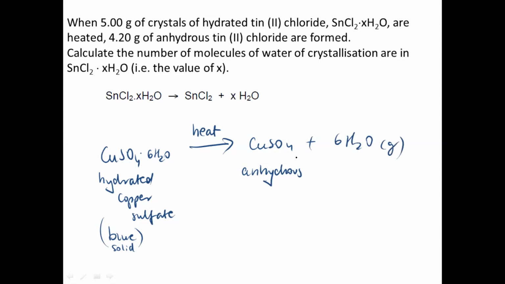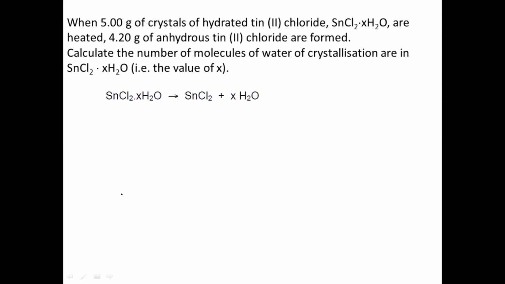Turns into gas. So anhydrous copper sulfate, and that is a white solid. But when you add water, it turns back into blue. So you might have seen this in a reversible reactions experiment. Maybe you've done the experiment yourself. So this is a similar thing that happens in here.